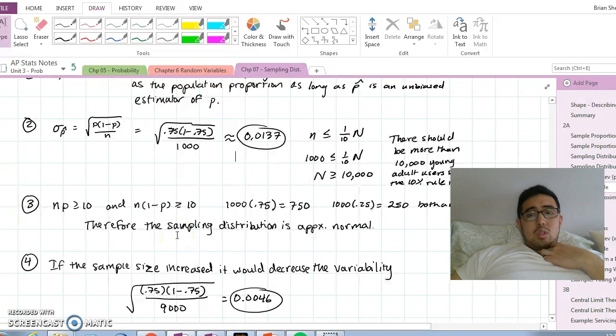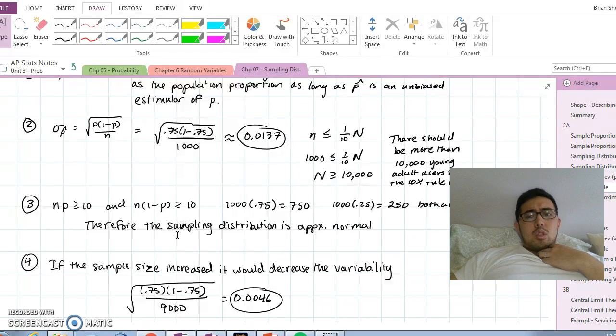Sorry, the sample size is 9 times bigger, but then if you take the square root, it'll just be 3 times the size overall. So the variability is 3 times less variable. That's actually the relationship, which is kind of cool.